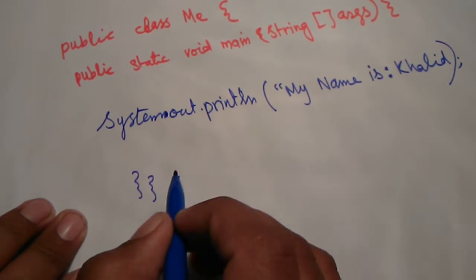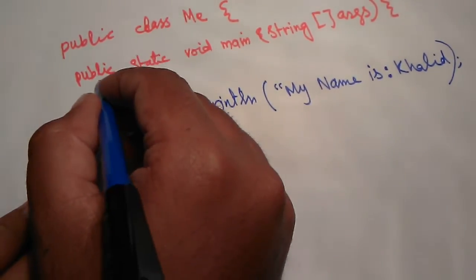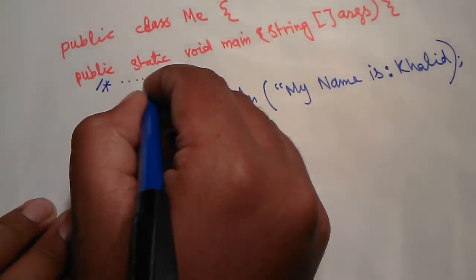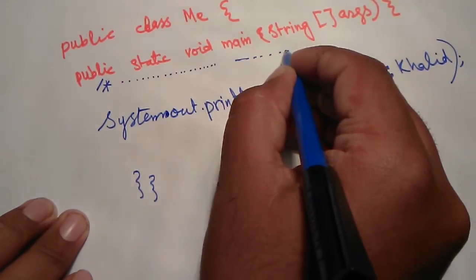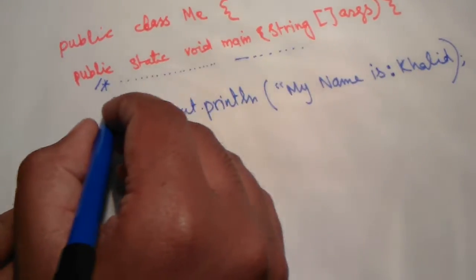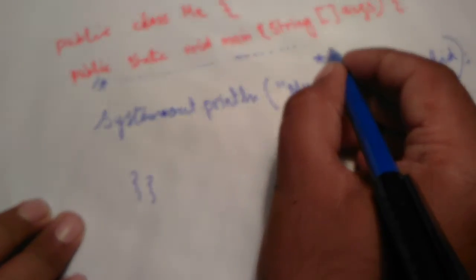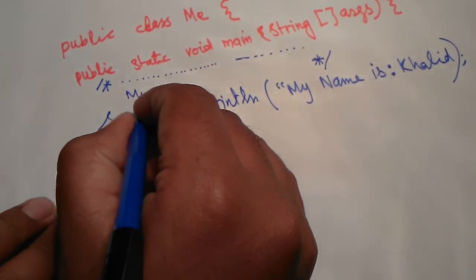Now I can write anything here as comments. For example, I am starting from here in this line, dots dots dots. This line is included as comments, and I am ending this comment section here, and I am writing in this line my first program.